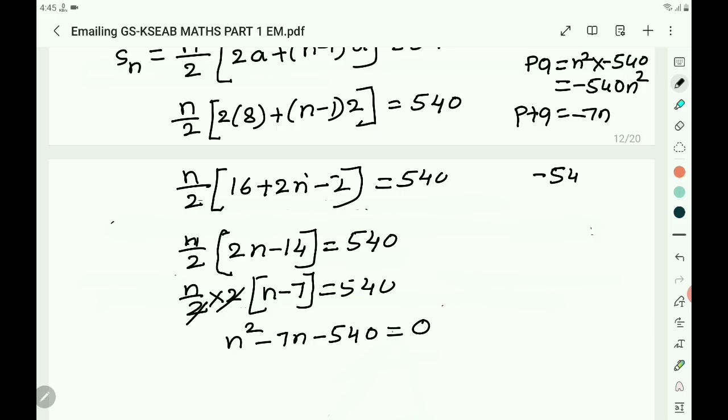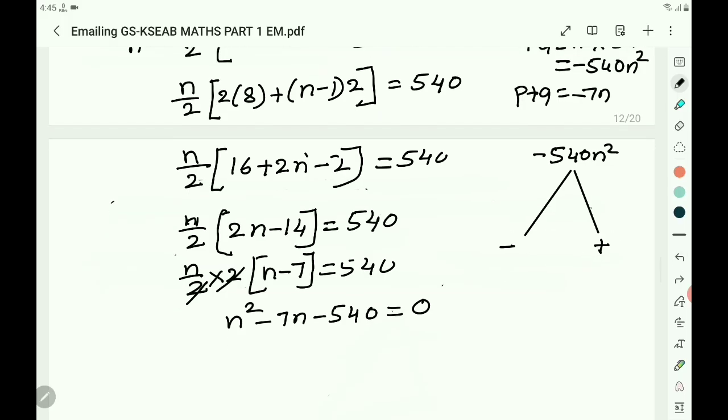As the product is having negative sign, the factors are having different signs, and the bigger factor is having the sign of the middle term, that is plus 7n is there, so minus plus, and factorize 540.